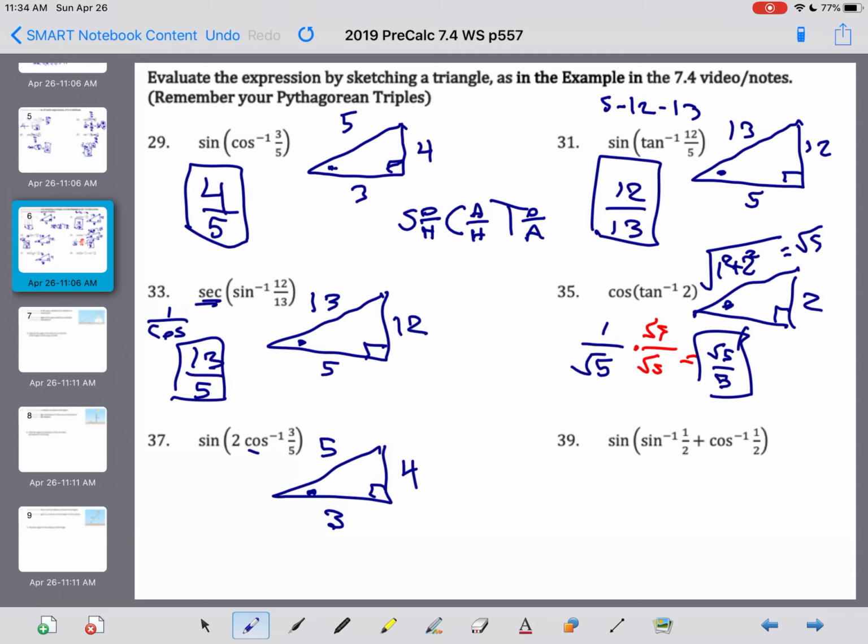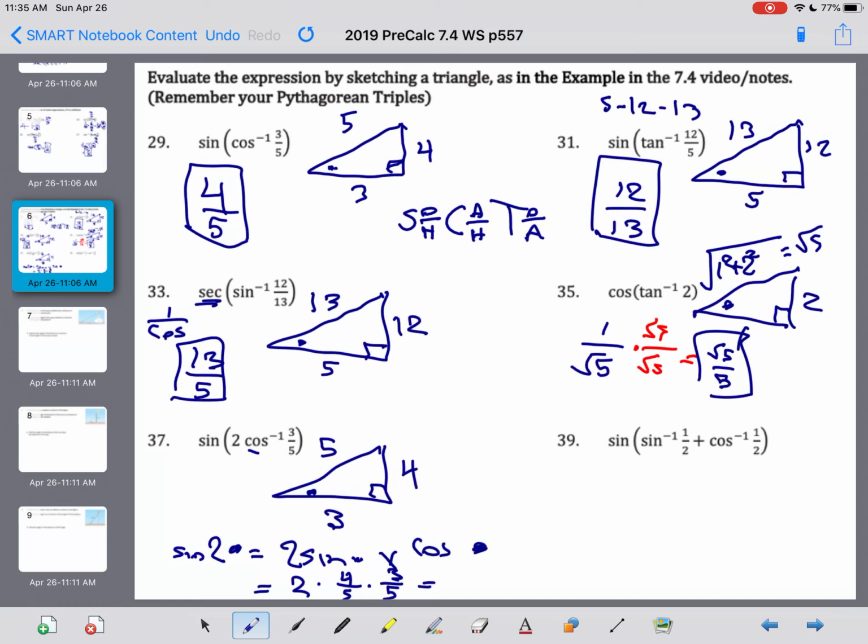And again, it's the sine version, so sine of 2 of my dot is going to equal 2 sine of the dot times cosine of the dotted angle. So this is going to equal 2 times my sine, which is going to be 4/5, and cosine was 3/5.